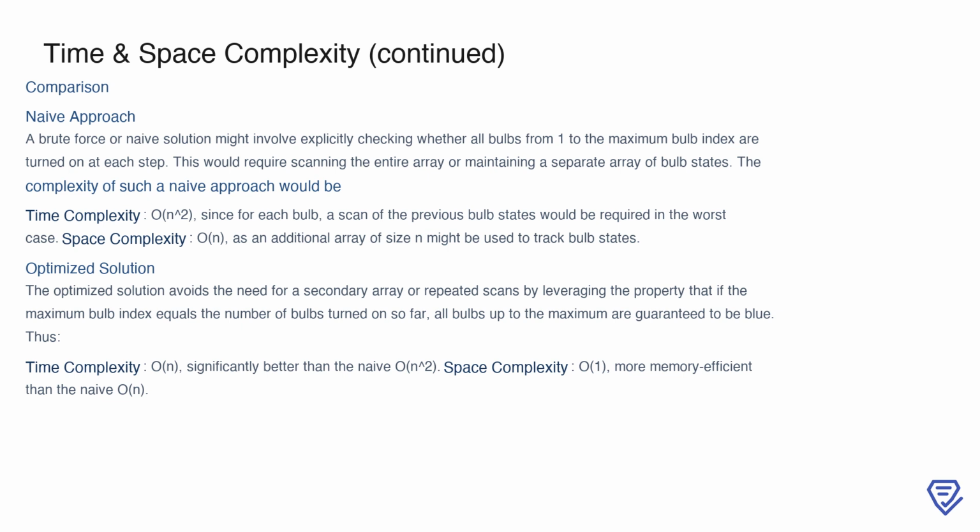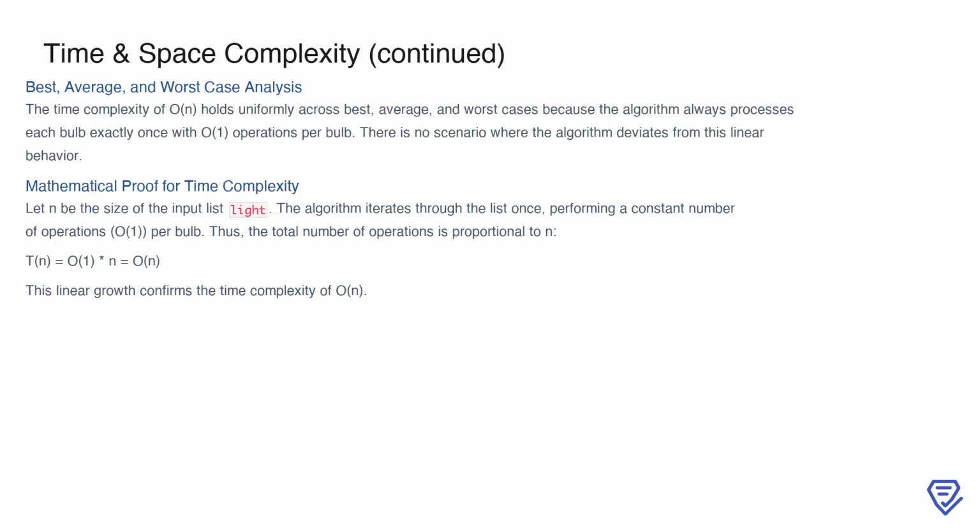The time complexity of O(n) holds consistently across the best, average, and worst cases because the algorithm processes each bulb in the input list exactly once, performing a fixed number of O(1) operations per bulb. This ensures linear behavior regardless of the input configuration. To mathematically verify this, consider that for an input list of size n, the algorithm iterates through the list once.